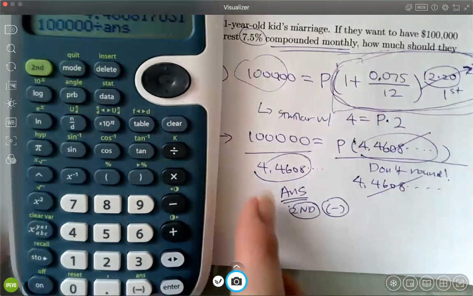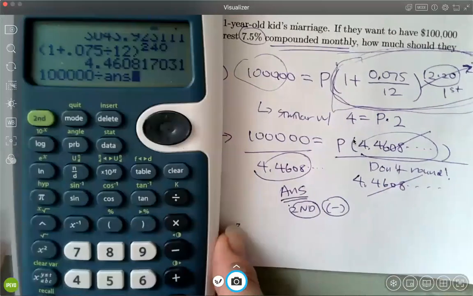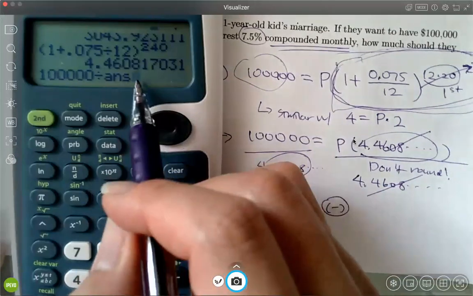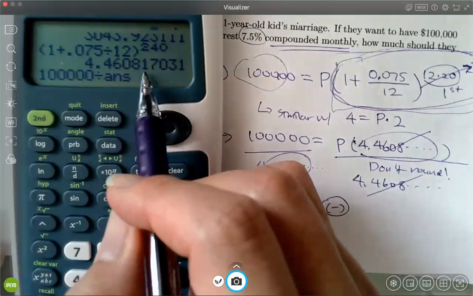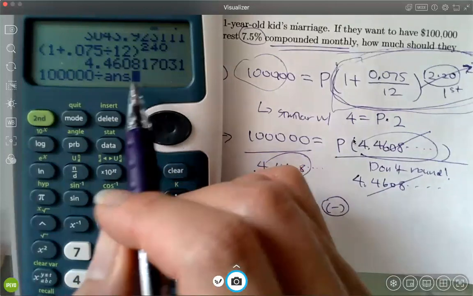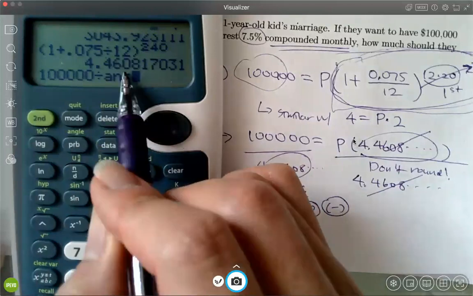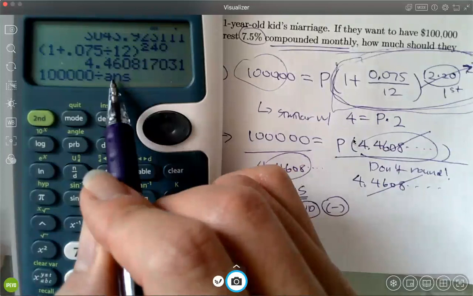This ANS tool takes the number that you got in the previous step. So if you use this ANS tool, that whole decimal will come down here without being rounded.